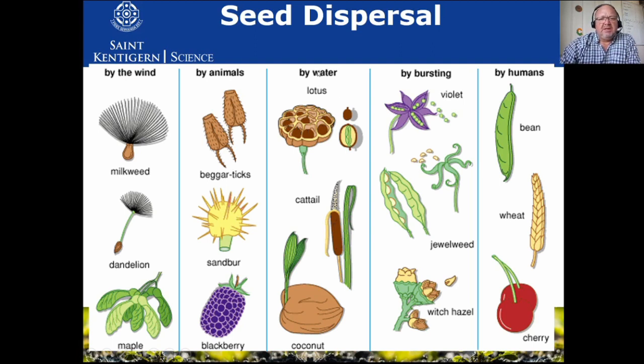By water, the lotus flower apparently floats, and the coconut, and also the cattail. You've seen some of these. By bursting or explosive or mechanical, and this one looks very similar to the manuka, but yeah, and then by humans, beans and wheat and cherries and so forth.